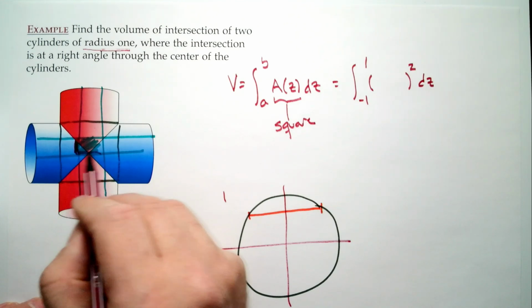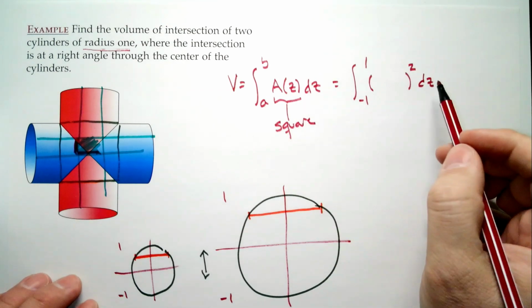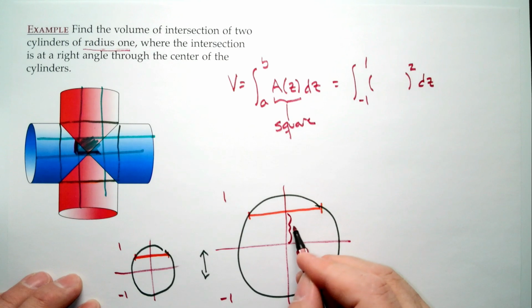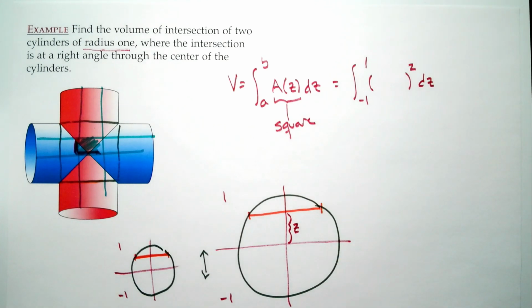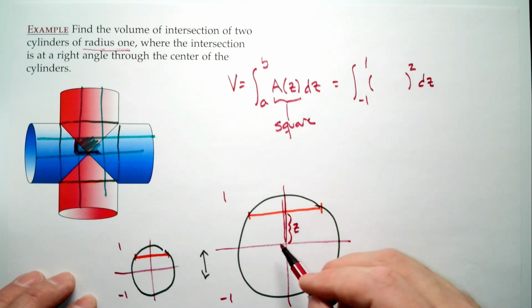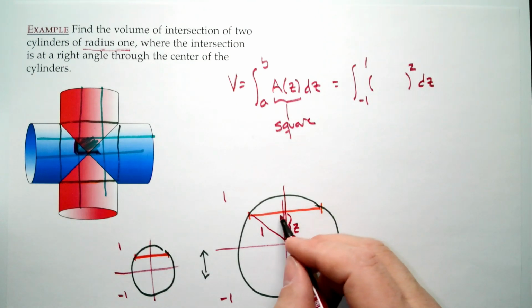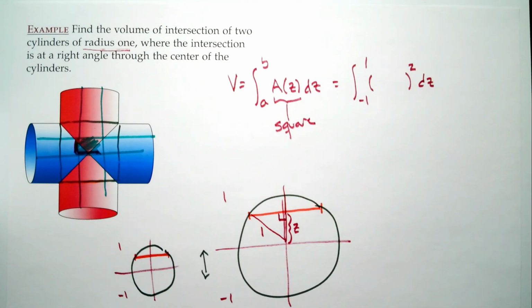If we know that length, then we square it, and that's the area. We're thinking of z as varying, so I can think of this part as being z. What else do we know about this circle? Radius is 1, so we can put a 1 in a lot of places. You might say, well, you already did that, that's 1. But there's other things that are 1. For instance, this is 1. And now, lo and behold, we have a right triangle.